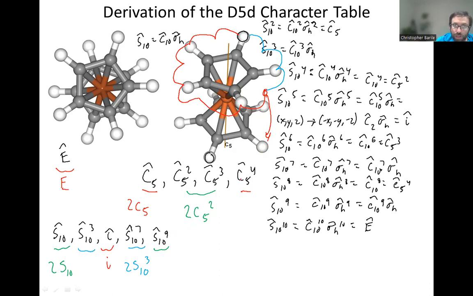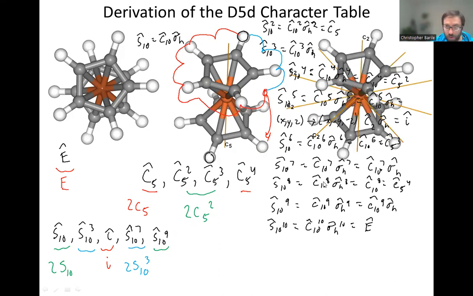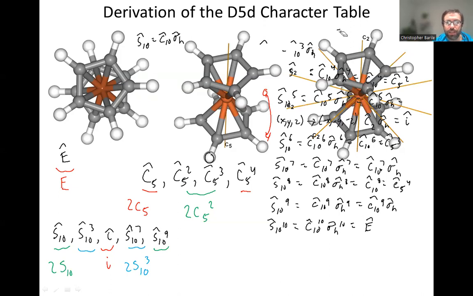Okay, and then the only other things we're missing here are the symmetry operations that have to do with what makes this a D point group. We're going to have to erase a little bit here so I can show you this. But remember that any D point group has n perpendicular C2s. In this case, with a D5d point group, but for now it doesn't matter, we're a D5 point group, and so n equals 5.